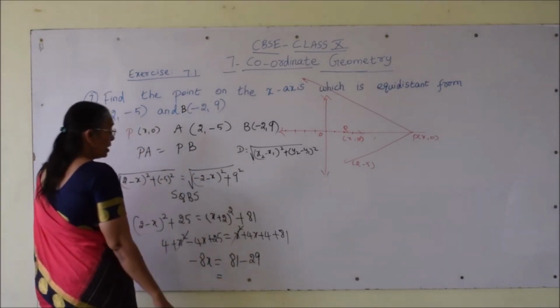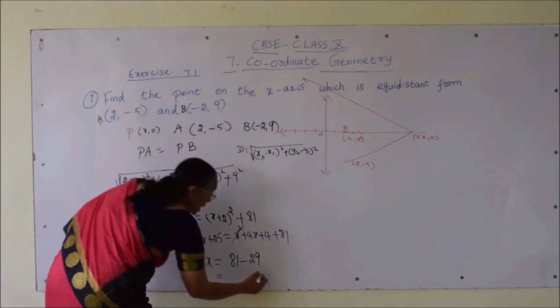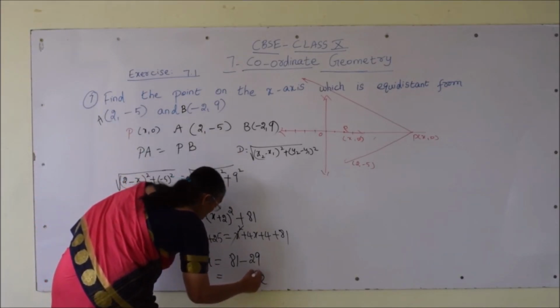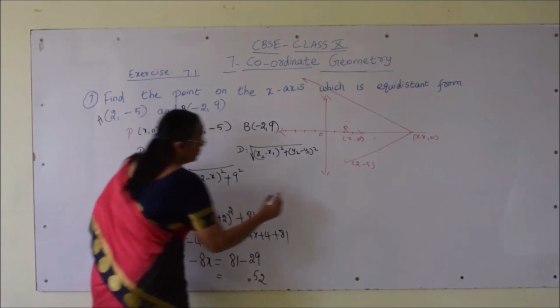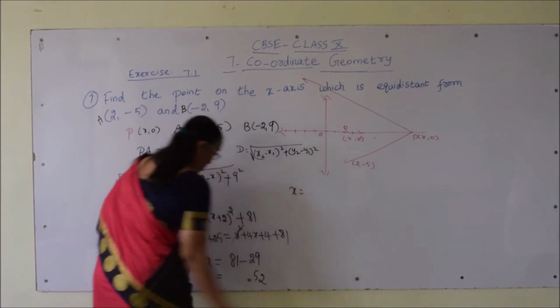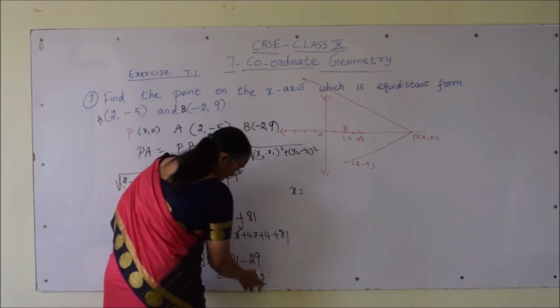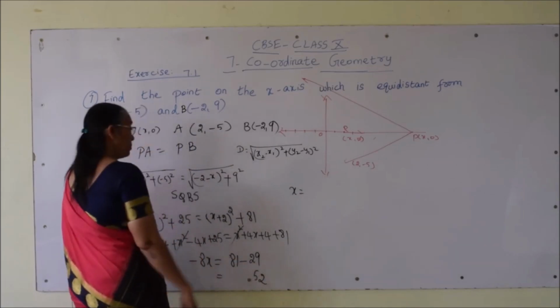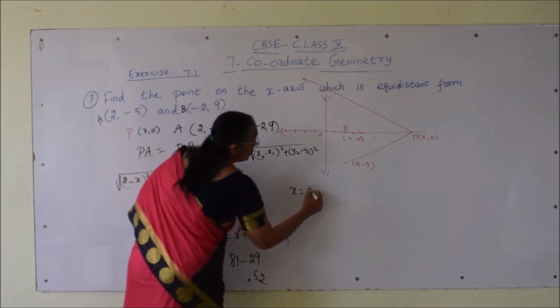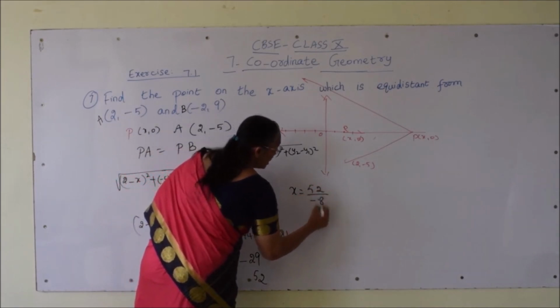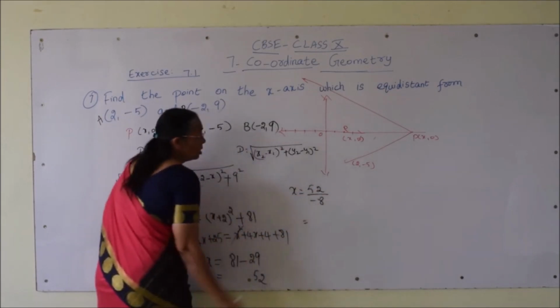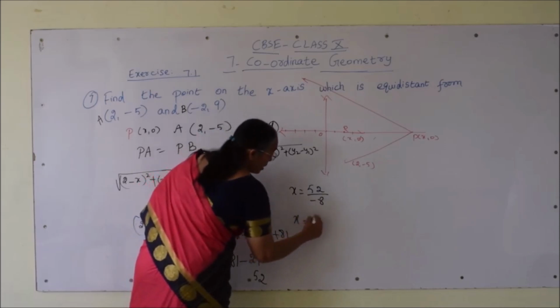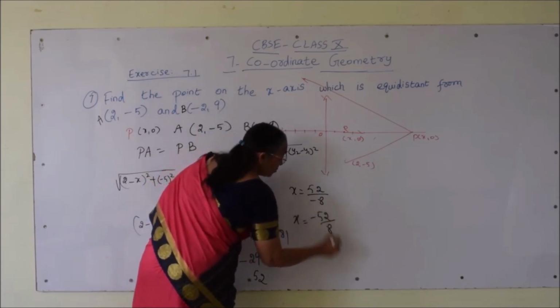So, 81 minus 29 is nothing but 52, minus 8x is 52, x is equal to 52 divided by minus 8, or we can write x is minus 52 by 8.